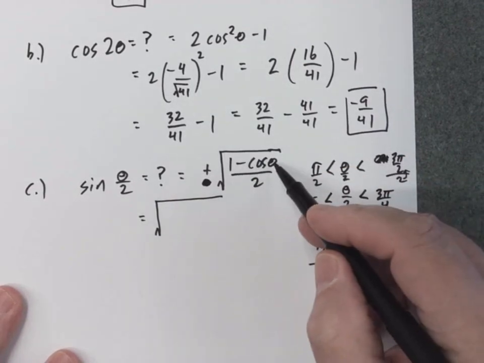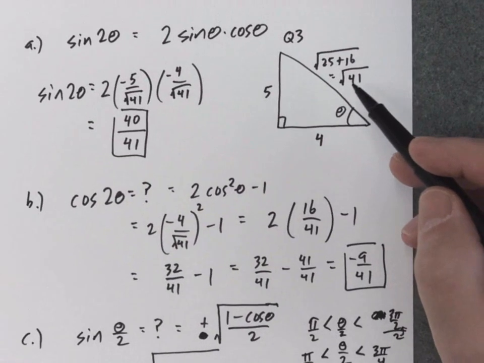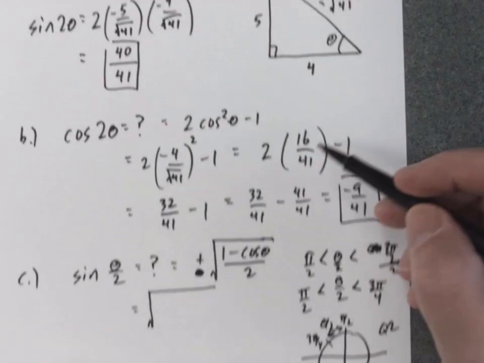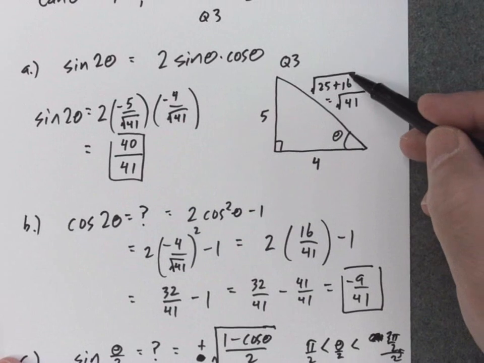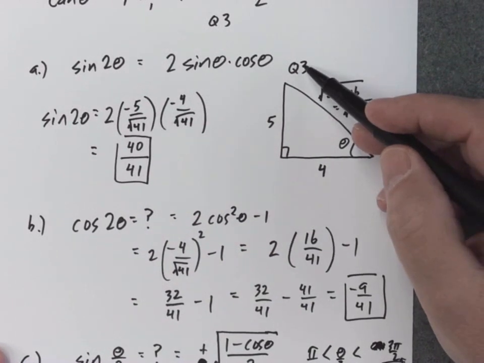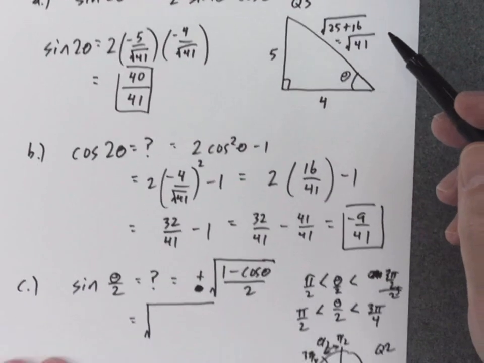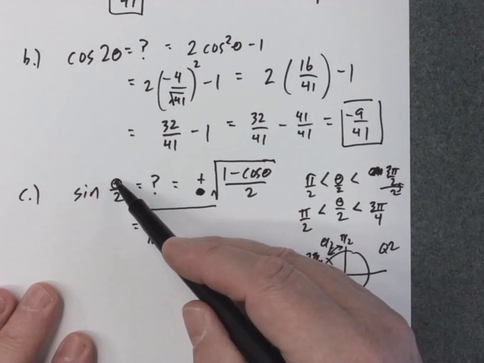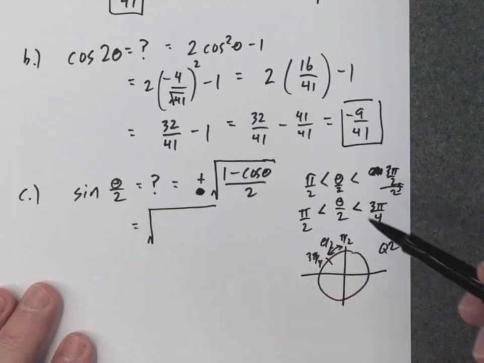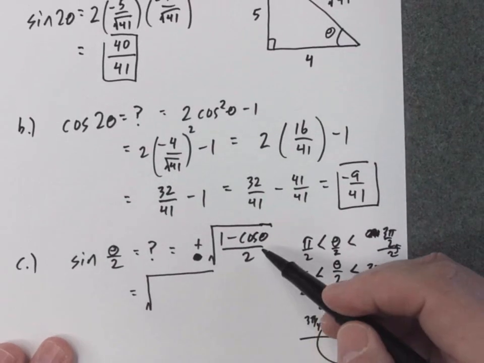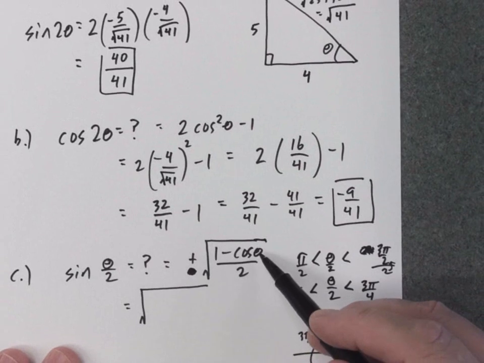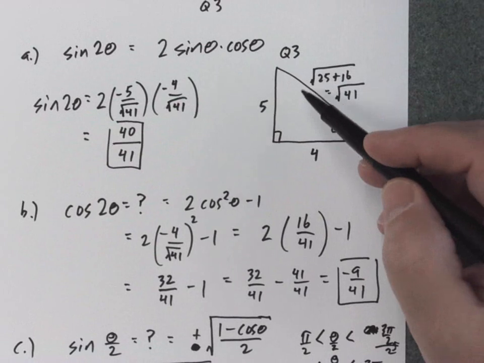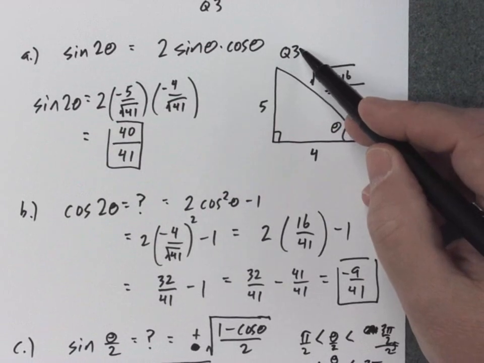So 1 minus cosine of theta. Once again, I go back up here to my triangle. Now don't get confused, because now I'm looking at theta. This is the triangle for theta. Theta is in quadrant 3. The confusing part is I just spent time trying to figure out which quadrant theta over 2 is in, and it's in quadrant 2. But now the calculation involves theta. This is my triangle for theta. Theta is in quadrant 3.